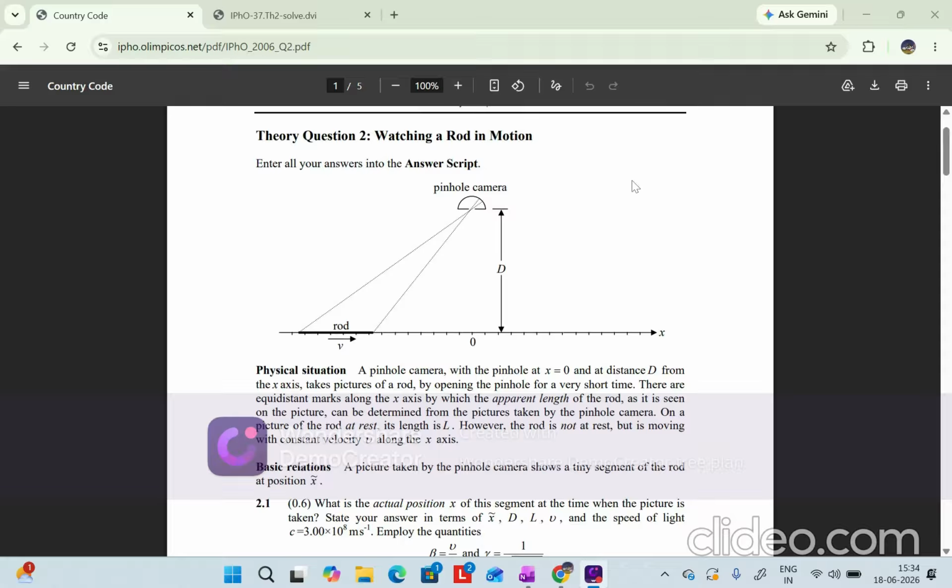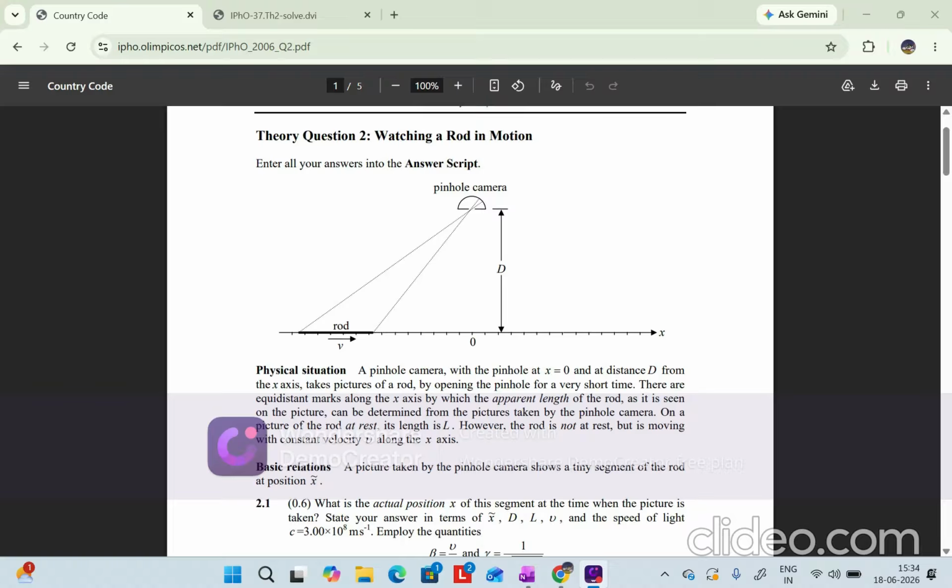The rod is moving along the x-axis with some positive velocity, and at each instant we take a snapshot of the rod and determine the length, or any parameter, from the picture. Now the concept of relativity comes in: since the rod is not at rest but is moving with constant velocity v along the x-axis, the rod will get contracted. That's the inference we get from it.